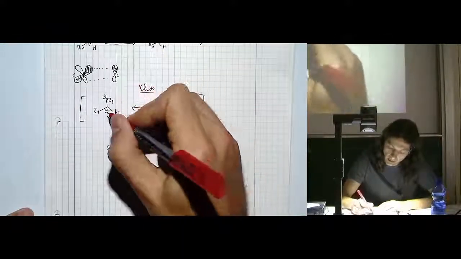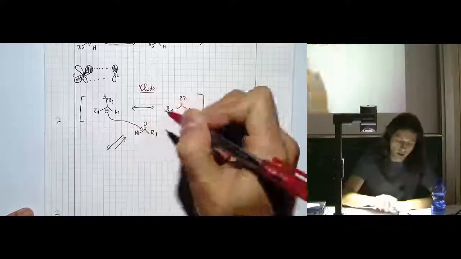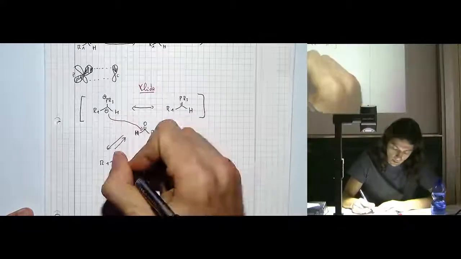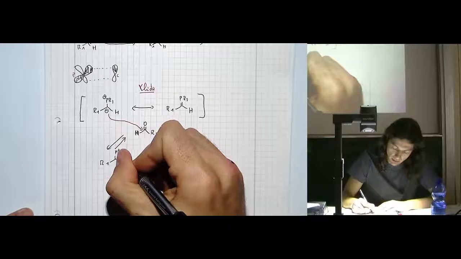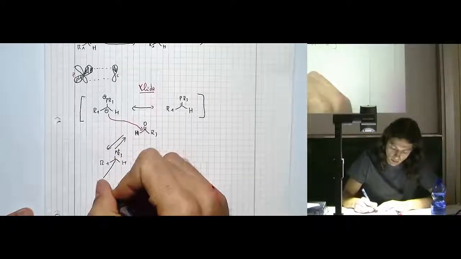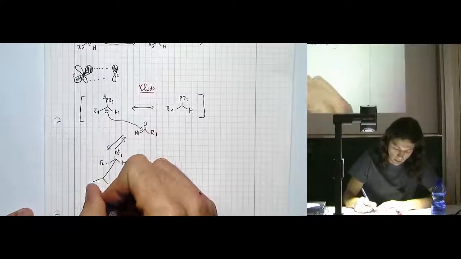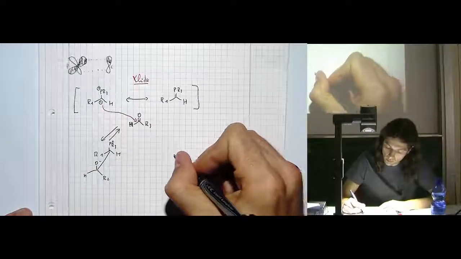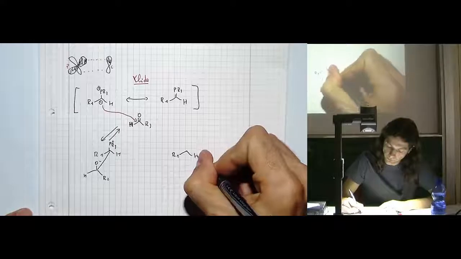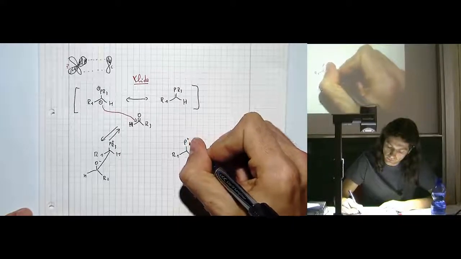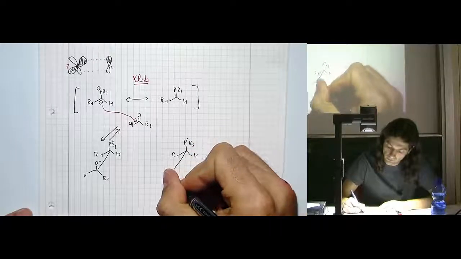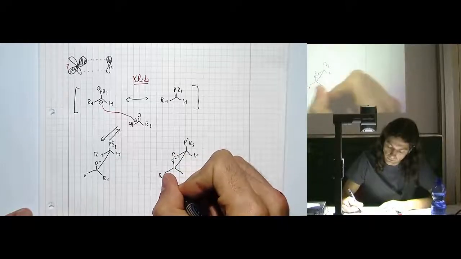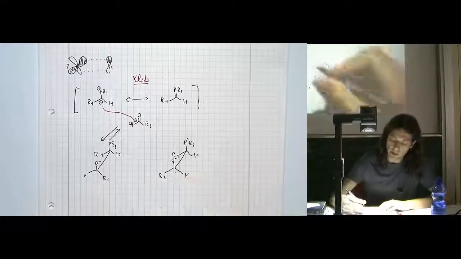So that would be the ylide, the nucleophilic attack to the carbonyl center to give this intermediate.